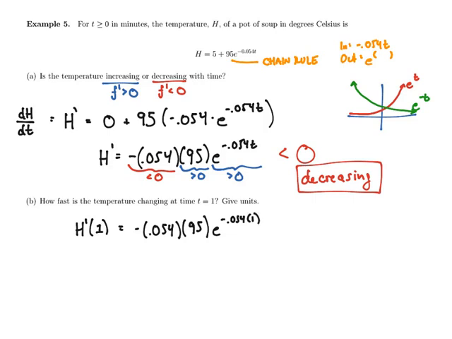Use that calculator to find that, but more importantly, what we want to focus on is what are the units here. So this is a rate. It's going to be degrees Celsius divided by minutes. This tells us how many degrees it's going to change per minute. That's our important thing there, is the units.